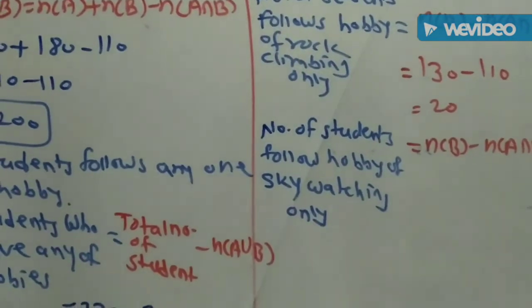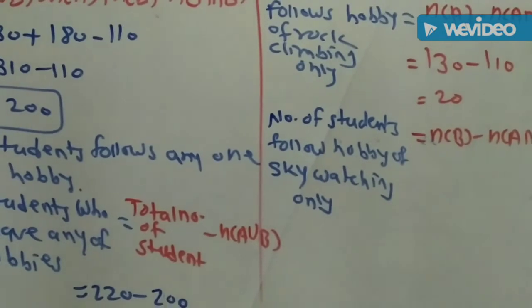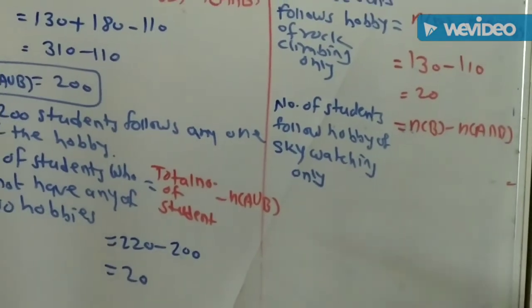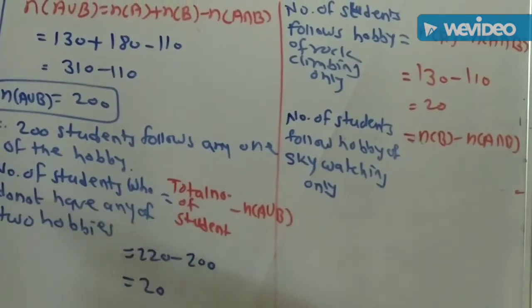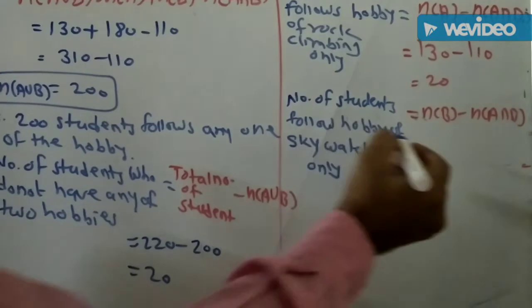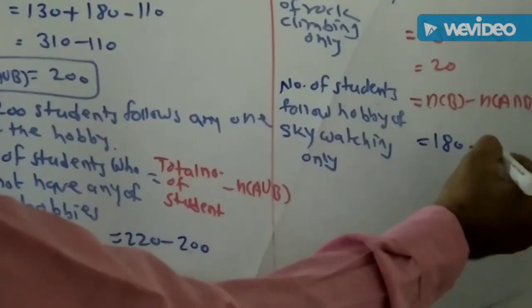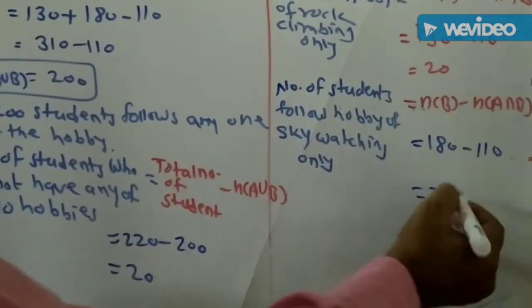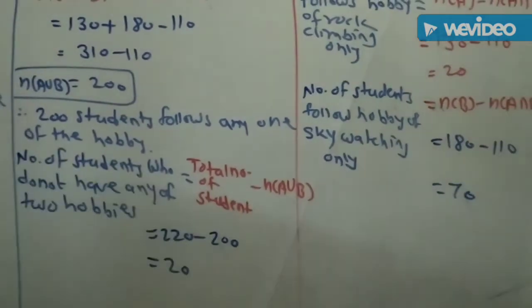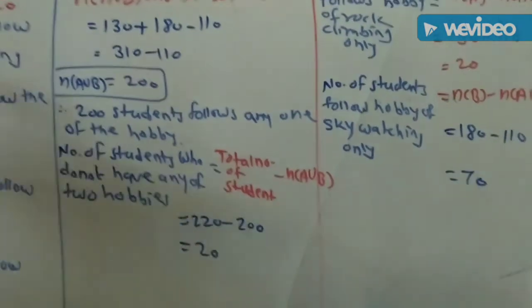The number of A intersection B means students who follow both the hobbies, and number of B means the set of students who follow the hobby of sky watching. That is we find 180 minus 110, that is 70, and that is the number of students who follow the hobby of sky watching only.